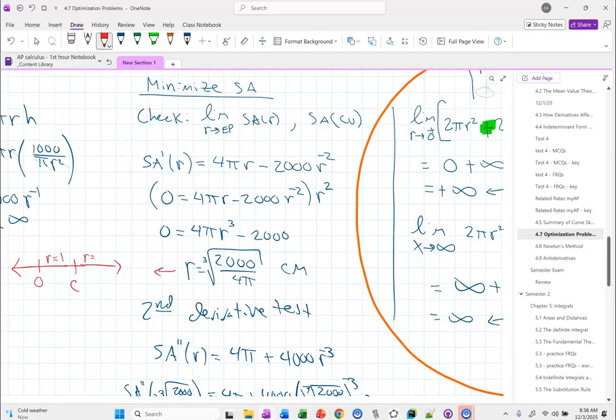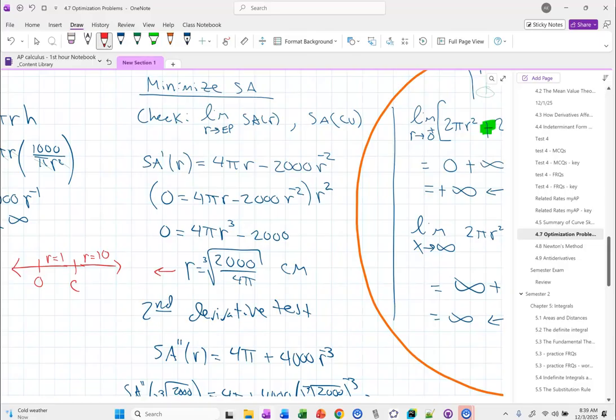And then something bigger? What do you think? I don't know. 10, right? A 10 pulls out, we're multiplying it by a number less than 1. So 10 is certainly bigger than that. All right.